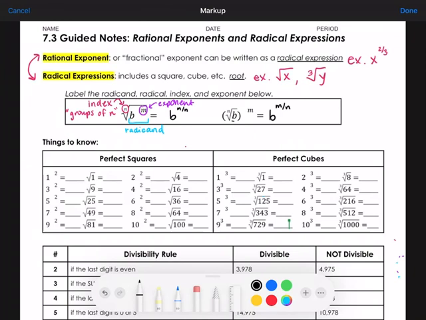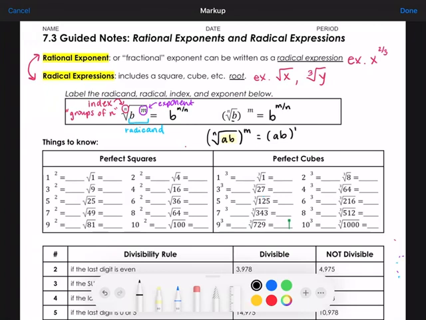The reason this version is important is the parentheses, which matter when we see things like this. If I had the nth root of ab raised to the m, everything under this root, the a and the b, is being raised to the m over n.